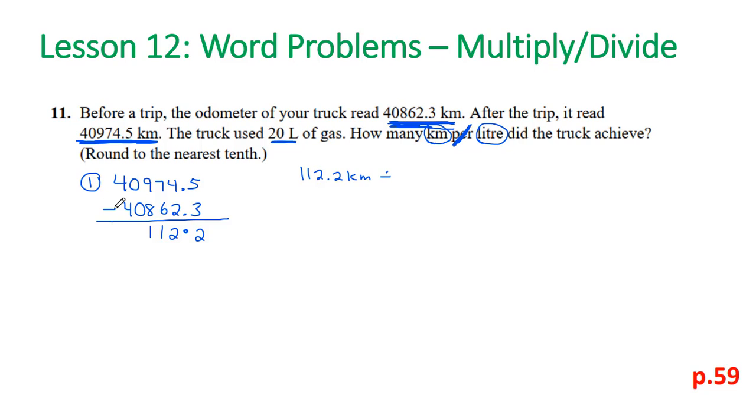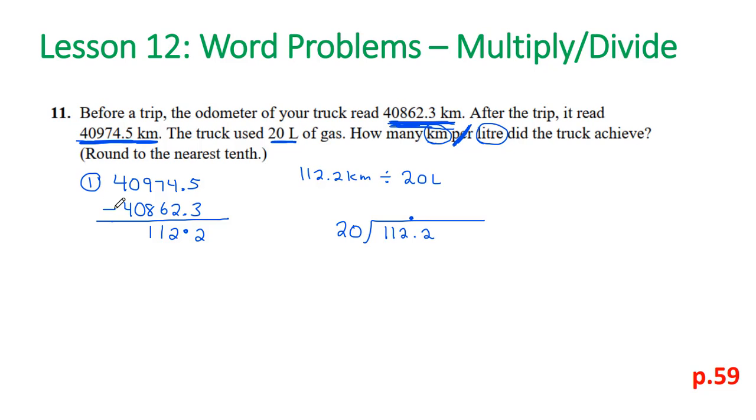So we're going to take 112.2 kilometers divided by the total amount of gas to get back down to 1 liter of gas. So we're going to set up our long division, 20 into 112.2, and we're going to pop up our decimal and begin to divide.